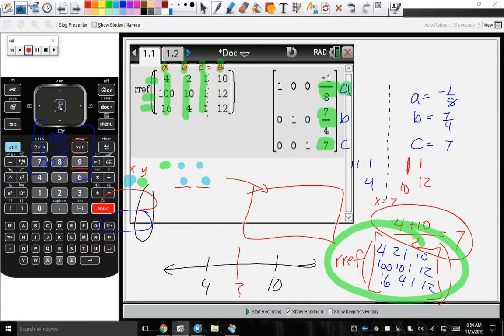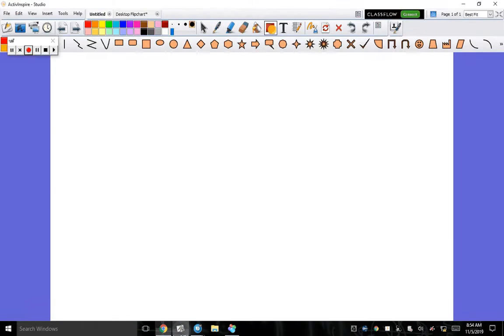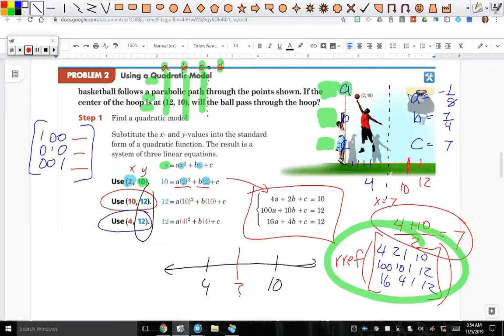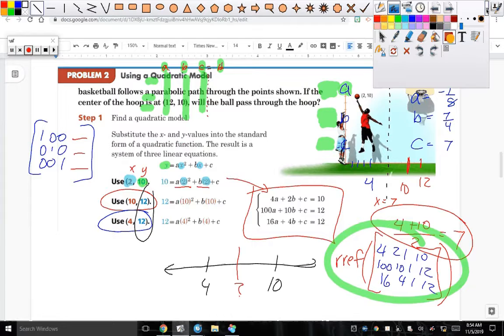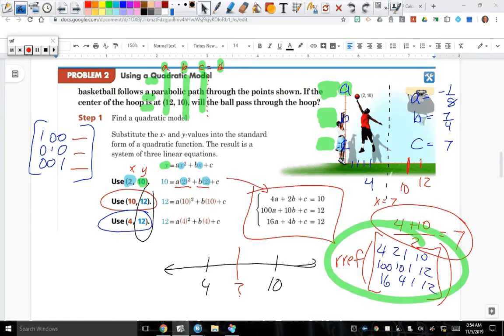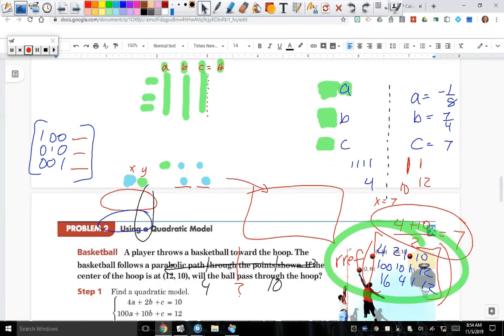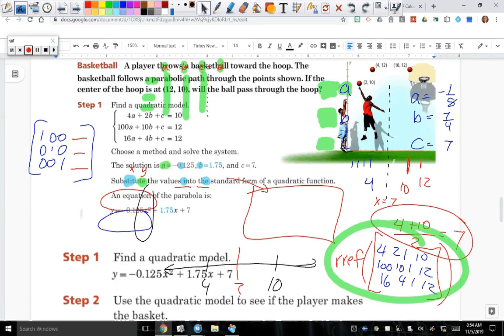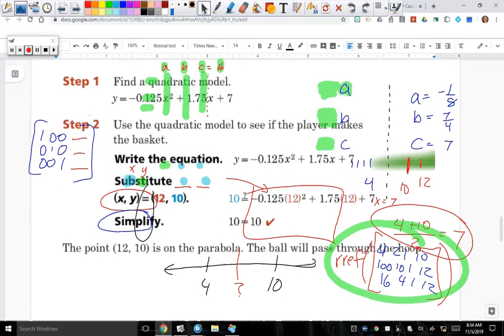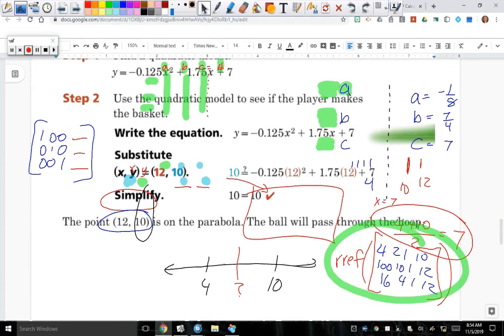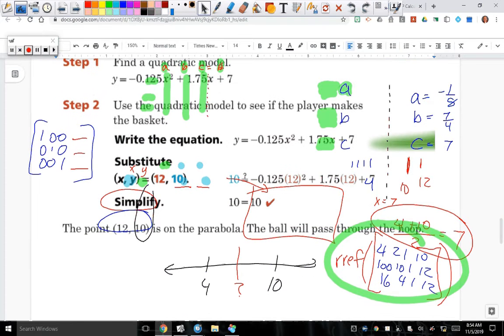Okay, so let's go back to the notes. Let me scroll up so that you can see what they have as far as an answer is concerned. Let's see if they have the same terms.